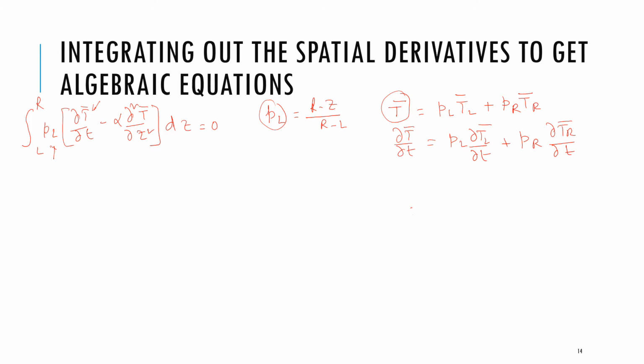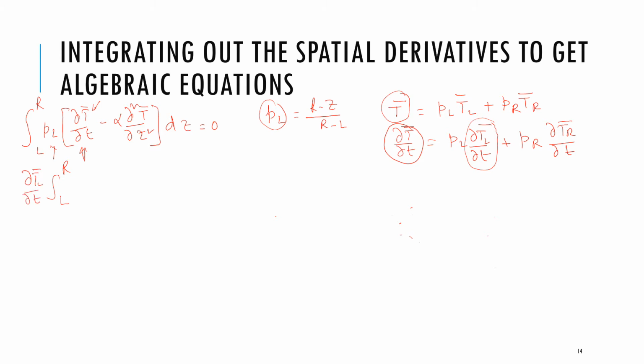So if I plug this term in here, integral L to R of PL times this, when you plug this in, because del TL del T is not a function of Z, that comes out.